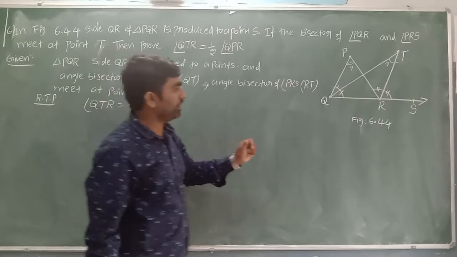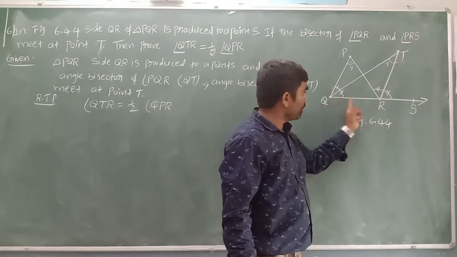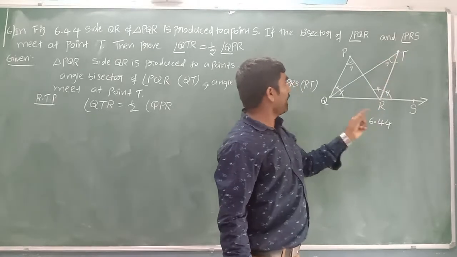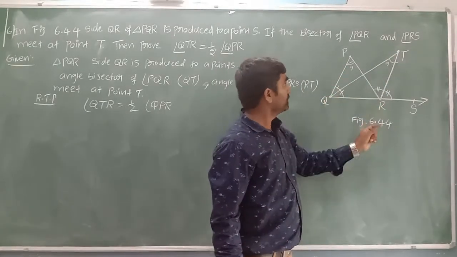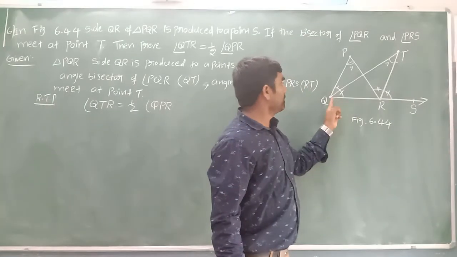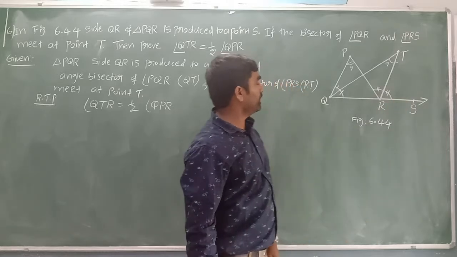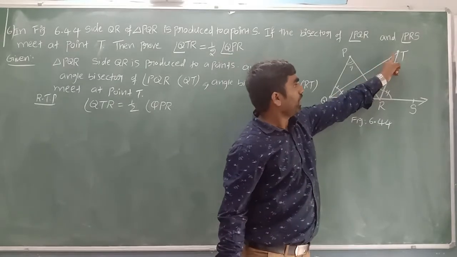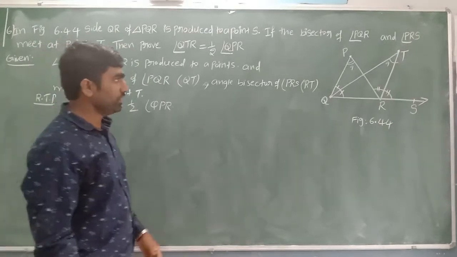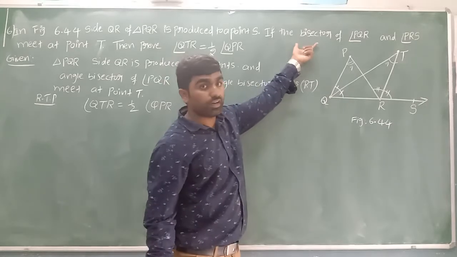See, in the question they said clearly PQR is the triangle, the side QR is produced to point S. QT is the angle bisector of PQR, RT is the angle bisector of PRS. Both angle bisectors QT and RT meet at point T. Then we are asked to prove that angle QTR is equal to half of angle QPR. What is meant by bisector?